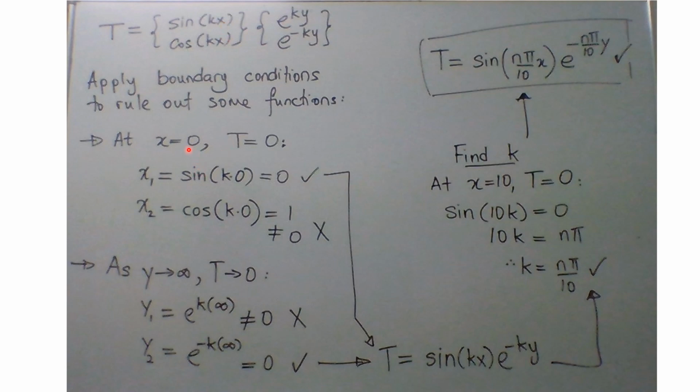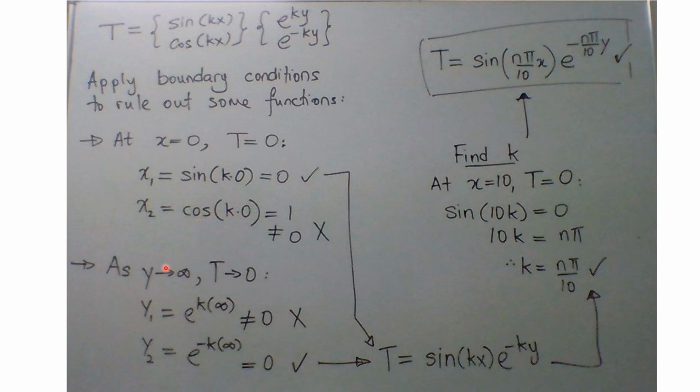For x equals 0, you have sine 0, which equals 0, and therefore this fulfills the boundary condition. So this is going to be the function that we want. On the other hand, for cos kx, if you replace x by 0, cos 0 equals 1, and this is not the solution that you want, right? So here you rule out the cos function.